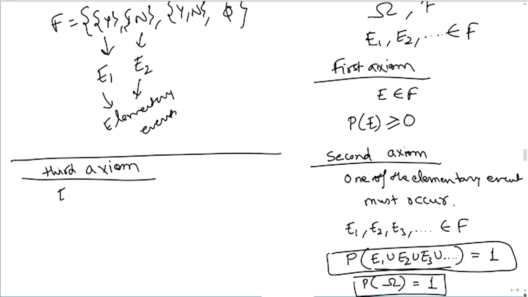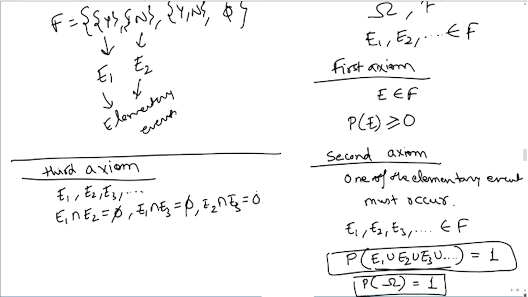So, let us say you have mutually exclusive events E1, E2, E3, and so on, such that if you take the intersection of any two sets, then the intersection is an empty set. E1 intersection E2 is empty. If you take E1 intersection E3, then it is an empty set. Similarly, E2 intersection E3 is an empty set. So, none of these sets have a common element.